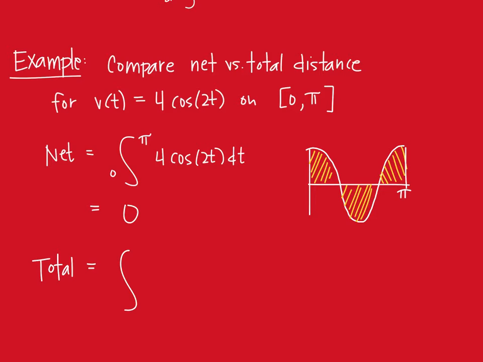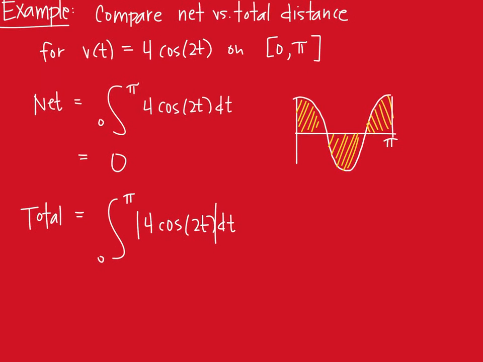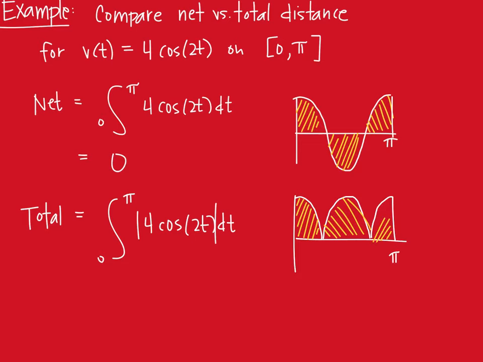So if I'm thinking about the integral of the absolute value of 4 cos 2t dt, and I think about visually what that would do, it's going to look like this. There's the graph of the absolute value. It's just going to take the negative piece and make it a positive piece.